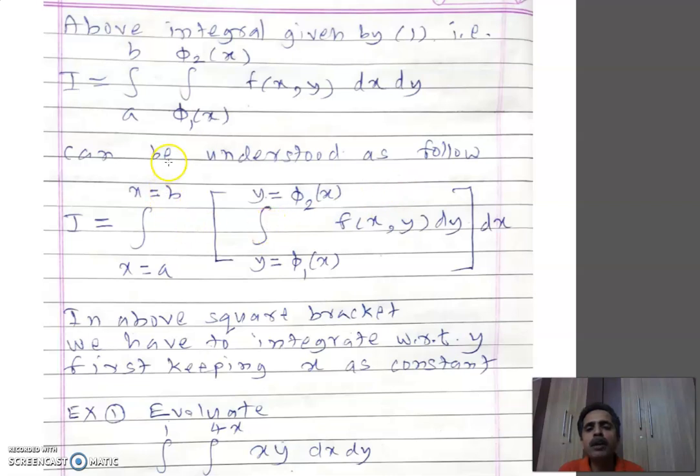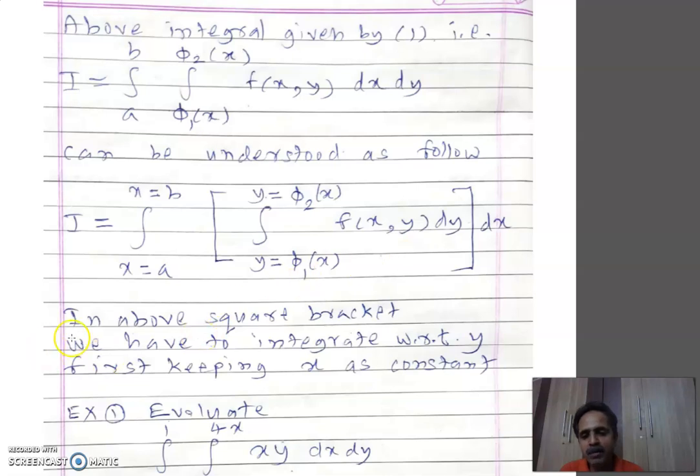So instead of writing phi 1(x), phi 2(x), we write y equal to phi 1(x) and y equal to phi 2(x). That means first integrate with respect to y, and phi 1(x) and phi 2(x) represent the limits of y. While integrating this function f(x, y) with respect to y, we have to keep x constant.